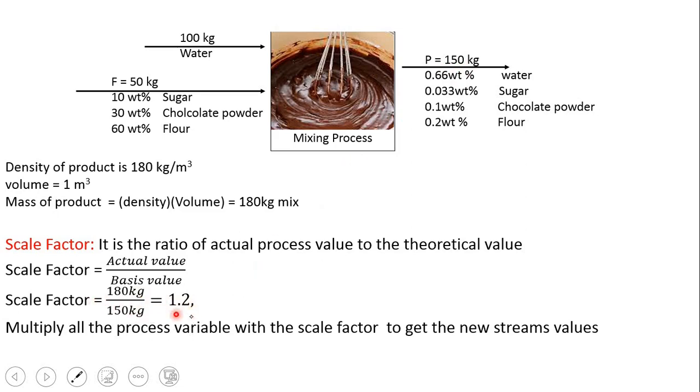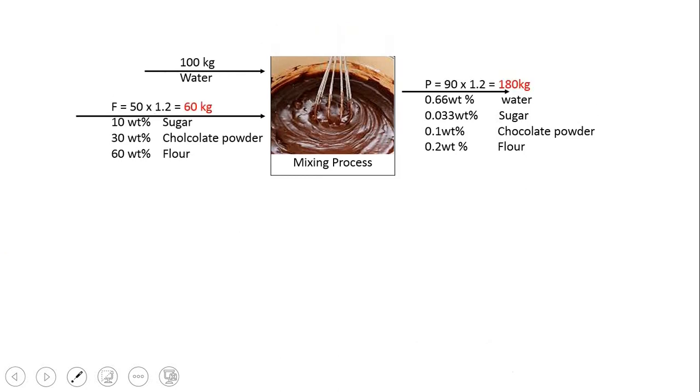So when we get the scale factor, to transform this process to the actual process we want, we multiply it with all the variables of the new streams that we want. As you can see, we multiplied the flow rate 50 with the scale factor, which is 1.2, and we have got the new value.